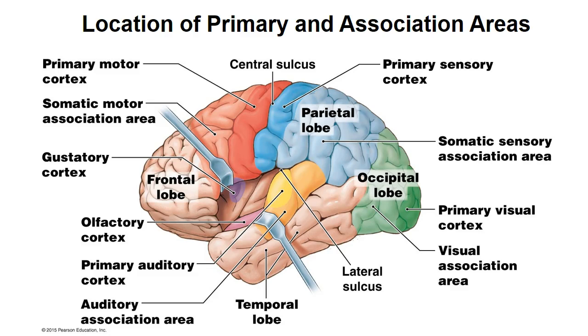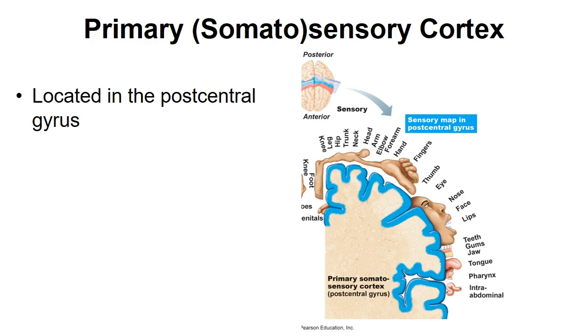The motor association area is next to the primary motor area. Same thing with the sensory association area and the primary sensory cortex, located next to each other. This theme happens fairly regularly, but not always. Generally they're anatomically closely associated, which makes sense, because if you want to send information off, you generally don't want it to be far away.